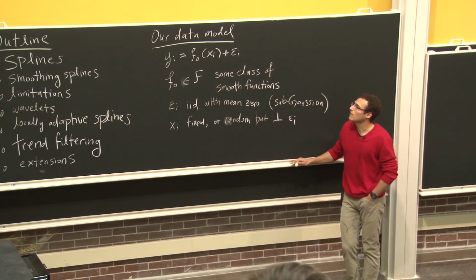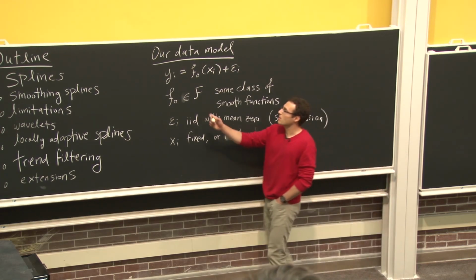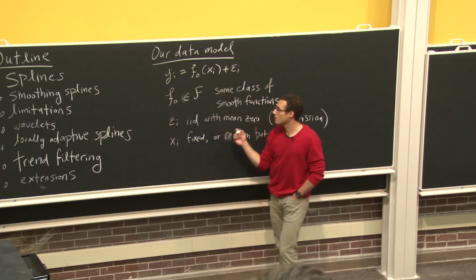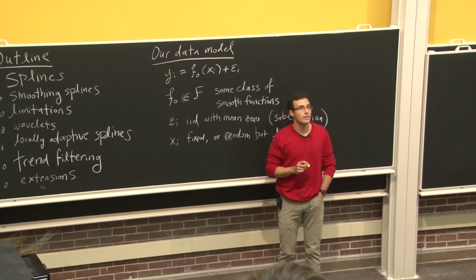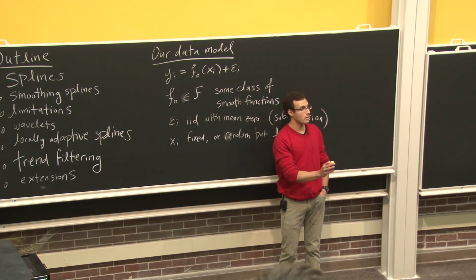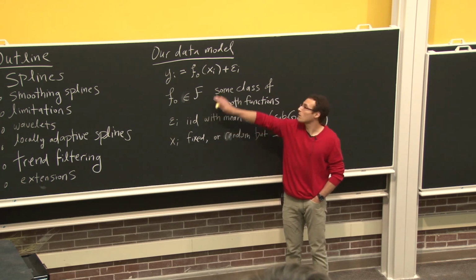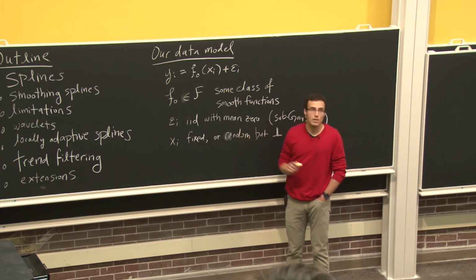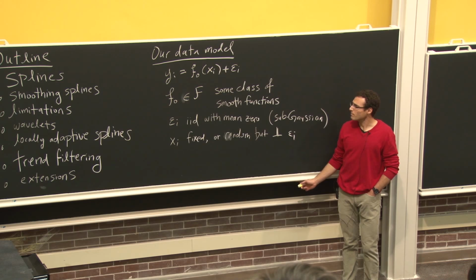As Larry, I think, taught, you can always write a relationship between y_i and x_i in this form, where epsilon_i has mean 0, just by taking f_0 to be the conditional mean of y given x. If you defined f_0 to be the conditional mean of y given x, then I would be able just to write epsilon_i as the residual in this equation, and it would have mean 0. So there's no loss of generality in writing down this data model.